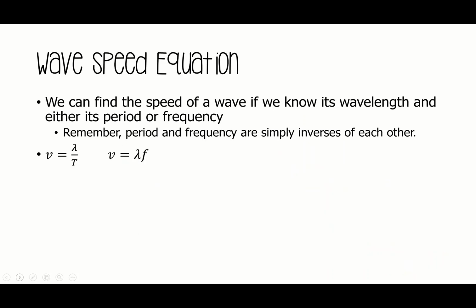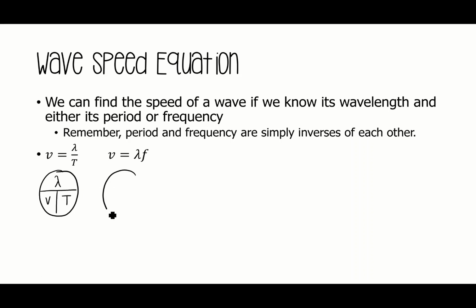We can find the speed of the wave if we know its wavelength and its period or its frequency. Remember that those are opposites of each other, so if I know one, I can always find the other. So we can use the equation v equals wavelength over period.